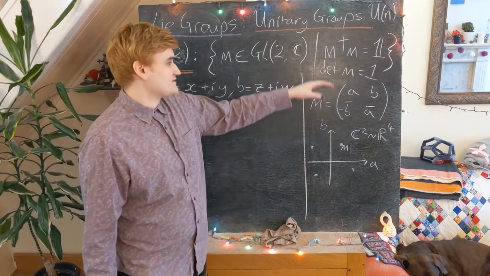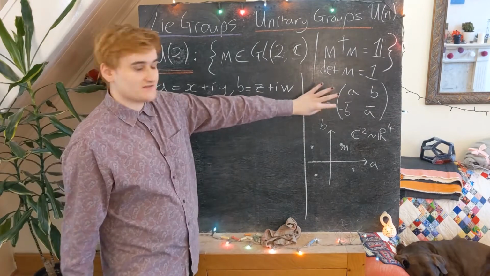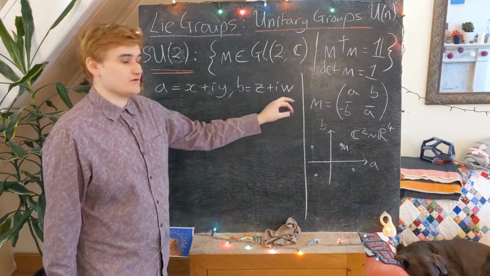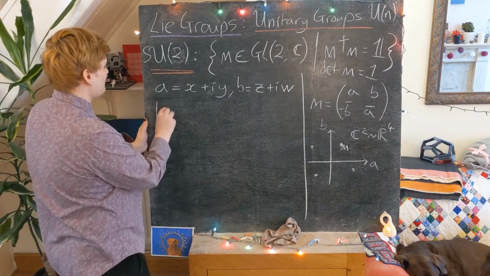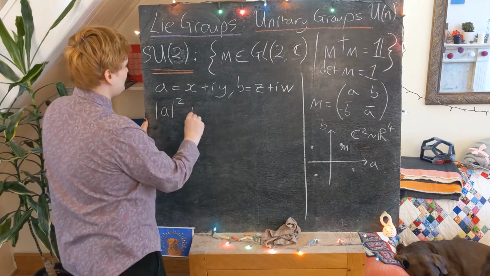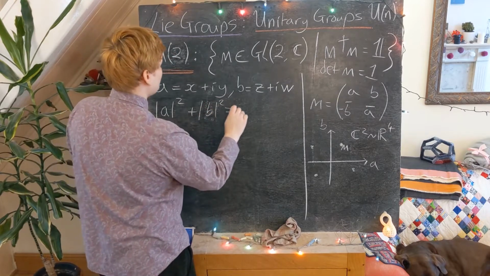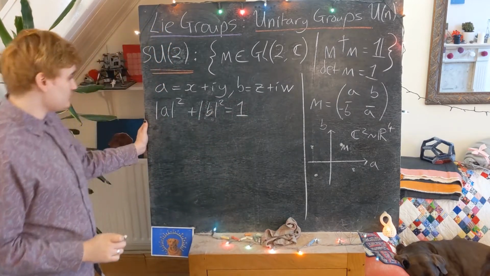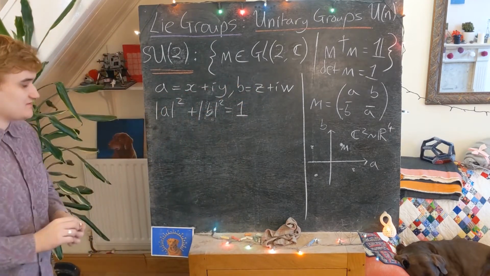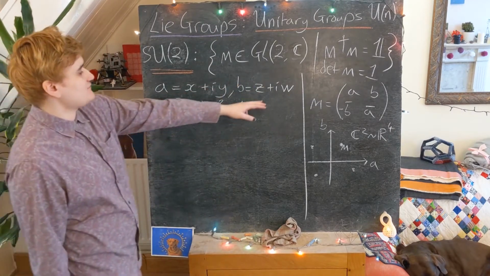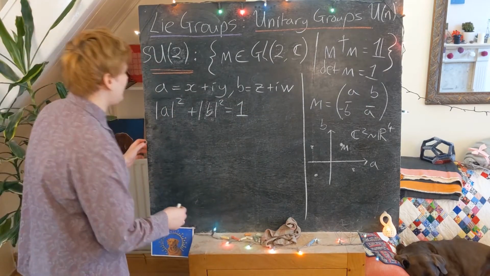But let's now see what these conditions are going to say, or how these conditions are going to translate now into these real parameters. So remember our condition that we had, that the modulus of a squared plus b squared has to be equal to 1. Let's now see what this looks like with these real parameters. So the modulus squareds of these complex numbers are really quite simple to calculate.